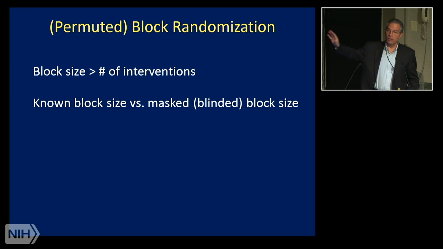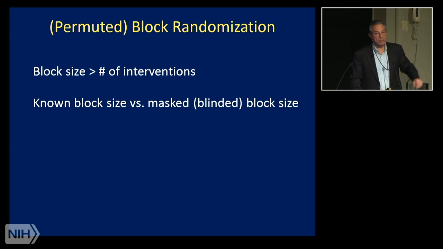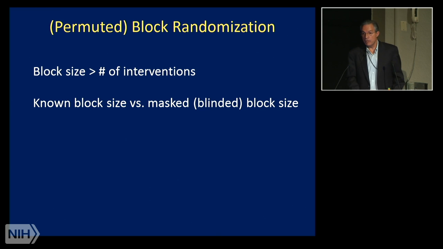Have the computer program, or whoever is programming the computer to produce those, keep it to themselves. They don't need to tell anybody doing the trial what the block size is. We call it blinded. The block size is blinded or masked. Why?